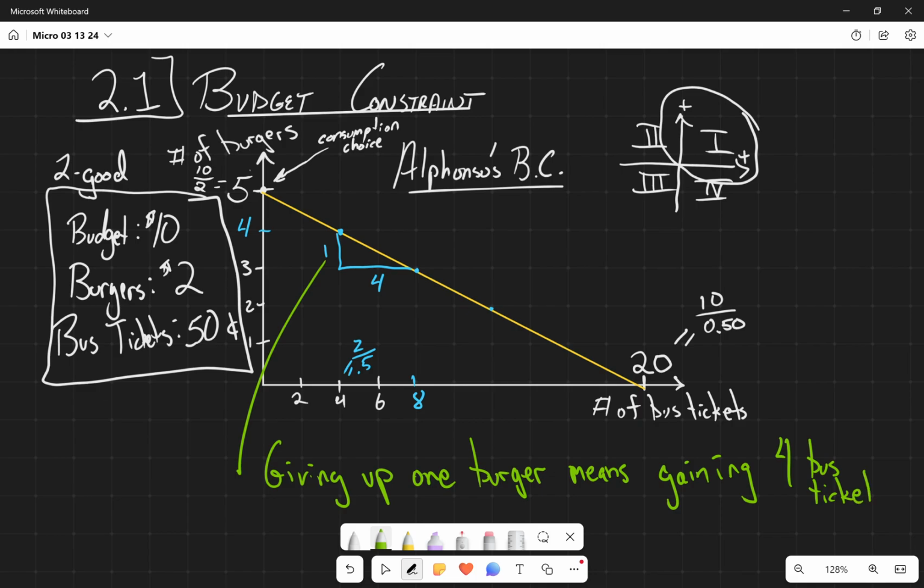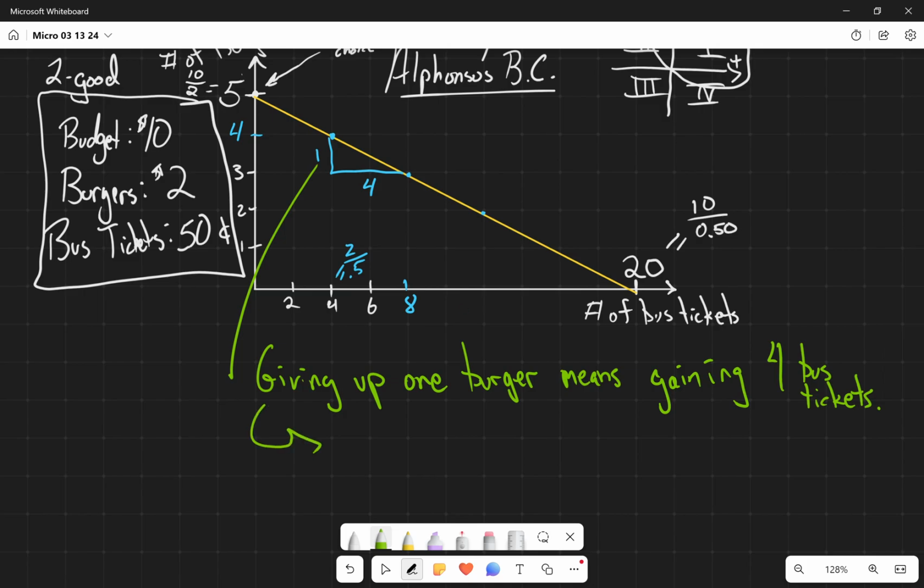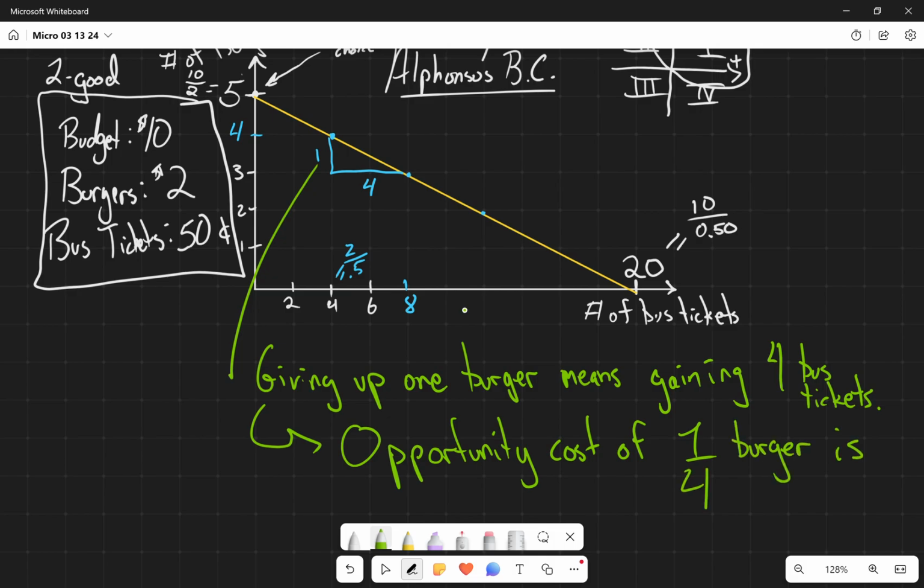So that's still English. Now let's go to the parlance of economics. We would say that the opportunity cost of one burger is 4 bus tickets.